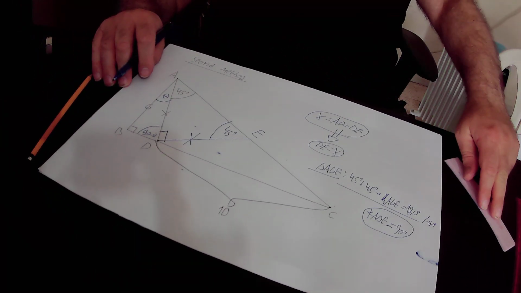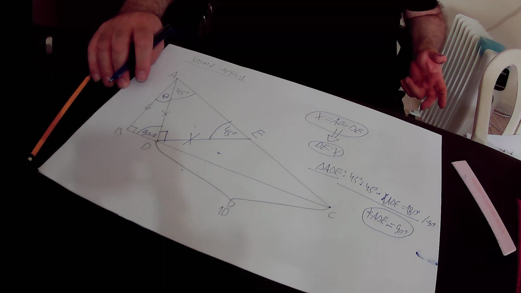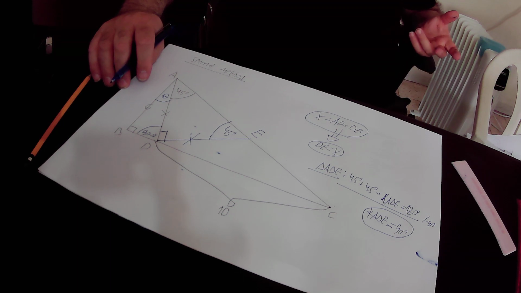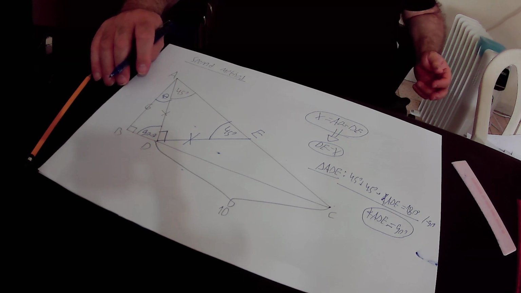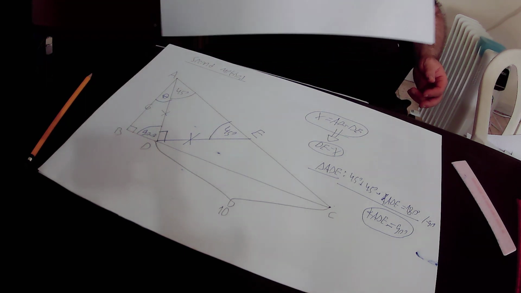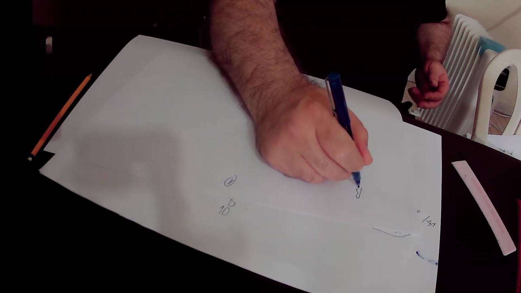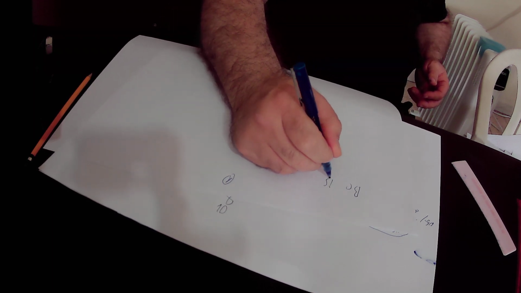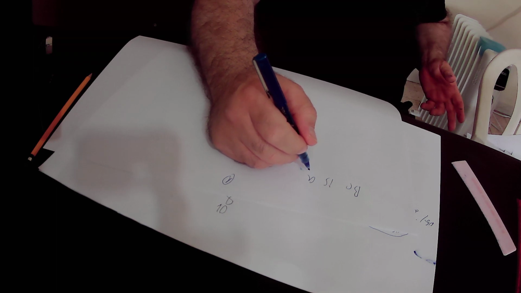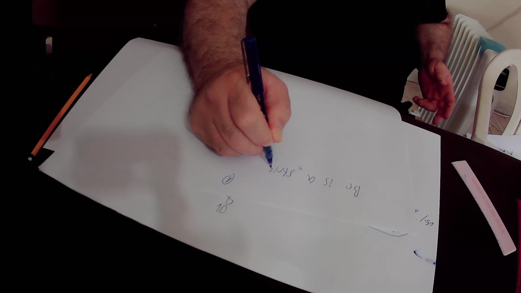Because in the right triangle ABC, BC is one side of this triangle. So I'll write it down: line segment BC is a straight line because it is one side of a triangle. It must be a straight line.